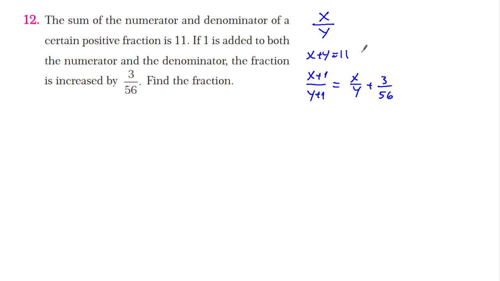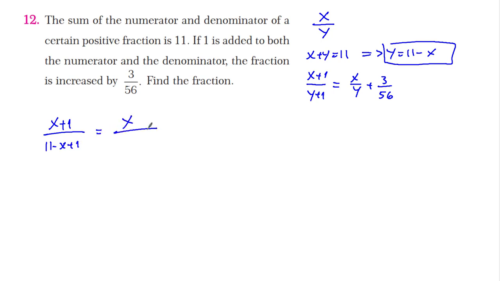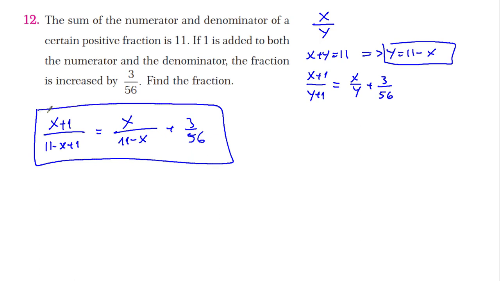Of course, from the first equation, you know that y is 11 minus x. You substitute into the second equation: x plus 1 over y plus 1, that's 11 minus x plus 1, equals x over 11 minus x plus 3 over 56. Now this is a quadratic equation. You just work it out like previously.